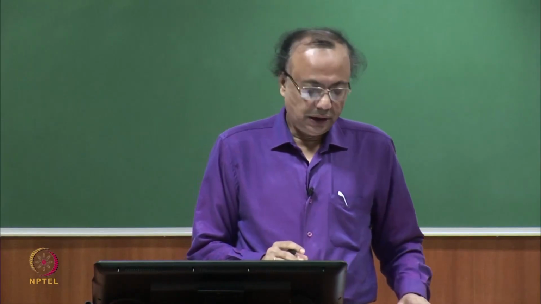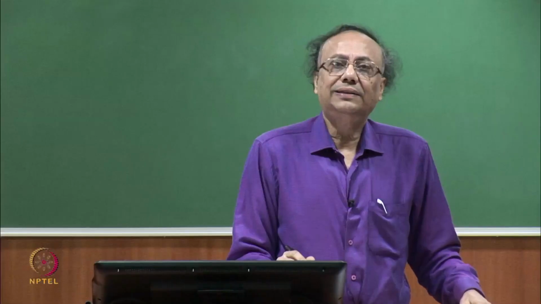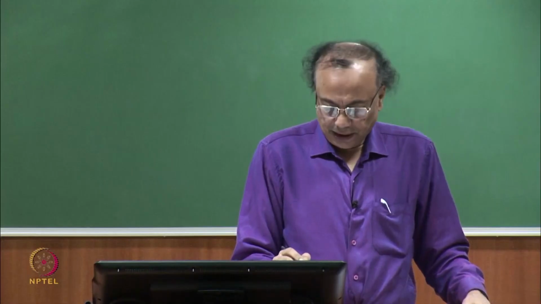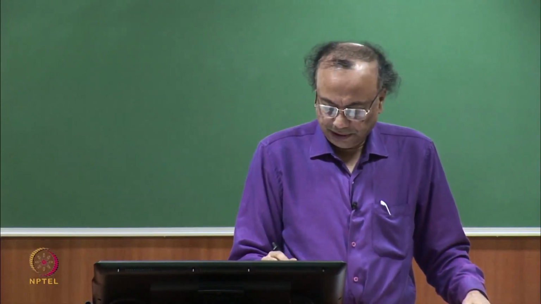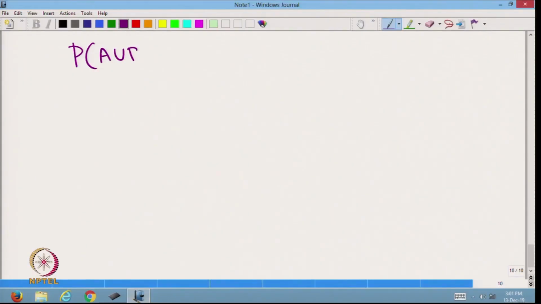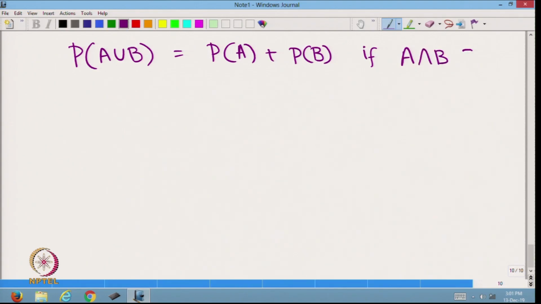That is not correct. Now, in our last class, we have seen and we have recapitulated today that probability of A union B is equal to probability of A plus probability of B if A intersection B is equal to phi.